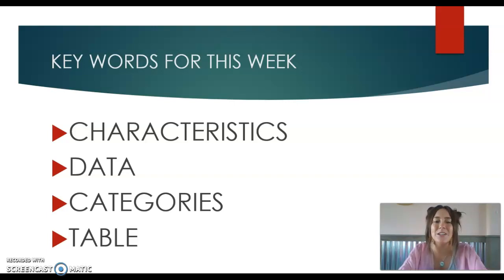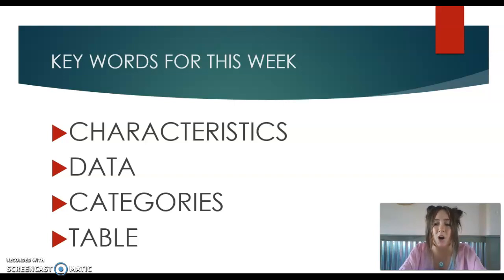The second keyword this week is data, or you might have heard it pronounced as data. So data or data, same thing. But data means information, okay? So that's something you need to remember. Data is information. The third word, you might have heard this one before. It's categories. Categories can be all different kinds of things, but it means groups.